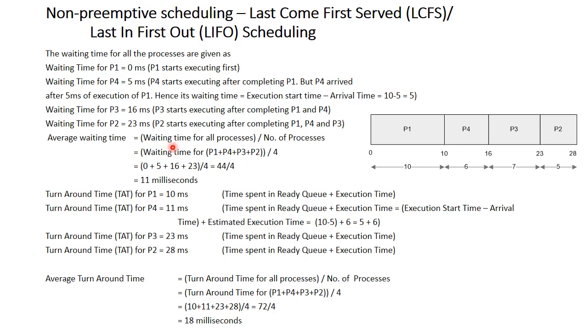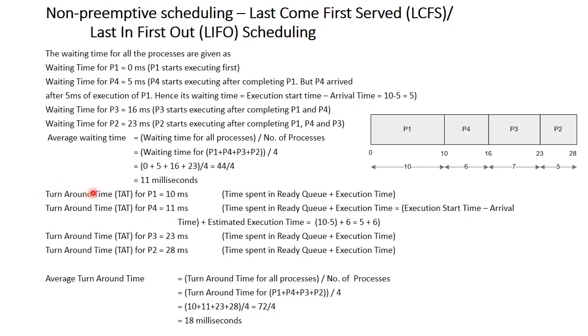So waiting time for P2 will be the sum of execution times of P1, P4, P3, that is 10 plus 6 plus 7, which is equal to 23. Okay, average waiting time will be the sum of waiting times of all the processes divided by the number of processes. So that will be 11 millisecond.